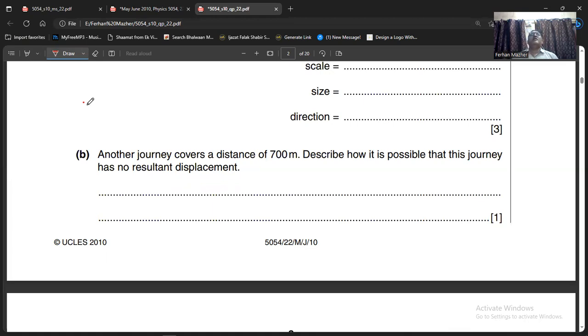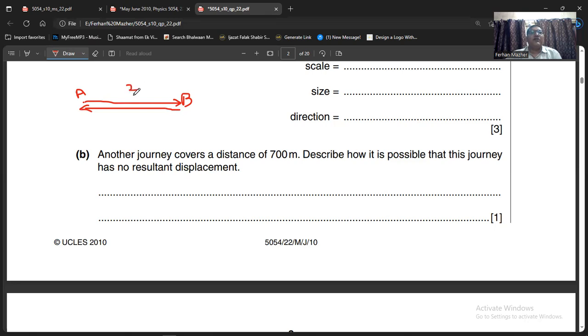So it's possible that you have traveled a 700-meter distance, but your displacement is 0. This happens when your starting and your finish point is the same point. So, for example, if you start moving from point A, and you went 350 meters to point B, and then you came back from point B to the point where you started.